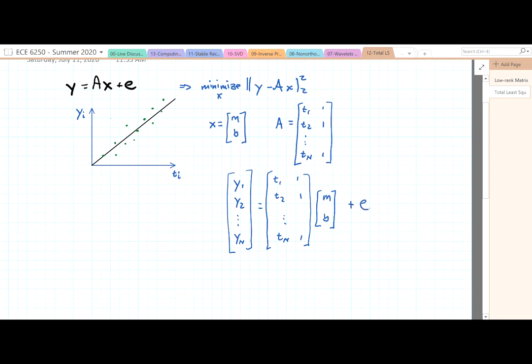And this would be a vector, so we would get E1, E2 up to En. As a result, yi is equal to m ti plus b plus ei. So that defines the line.